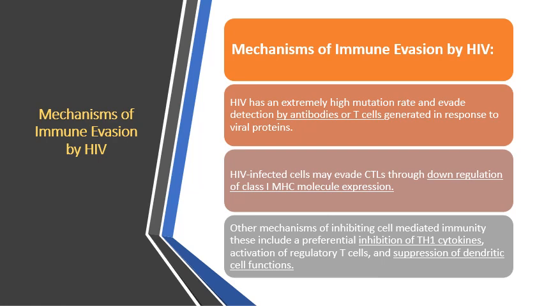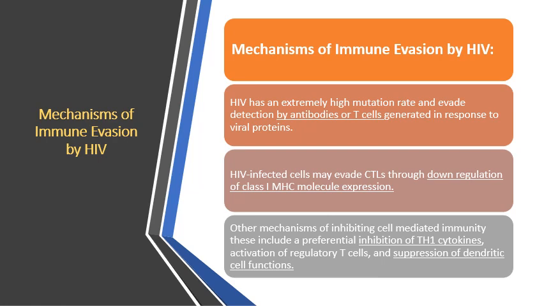But when the virus downregulates the expression of MHC class I molecules on the infected cell, cytotoxic T lymphocytes will not be able to recognize these cells. Other mechanisms of inhibiting cell-mediated immunity include inhibition of T helper 1 cytokines and activation of regulatory T cells, which are important in the downregulation of the immune system.